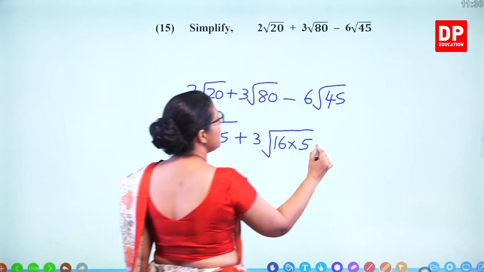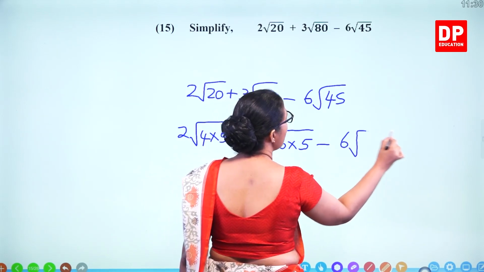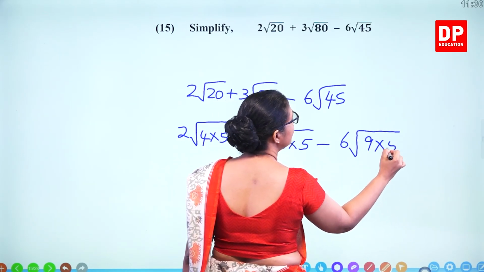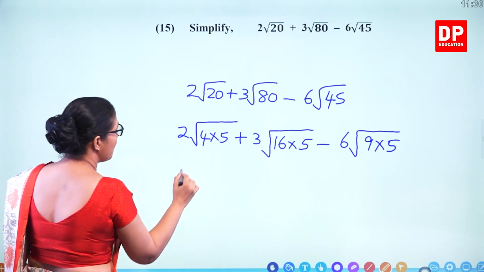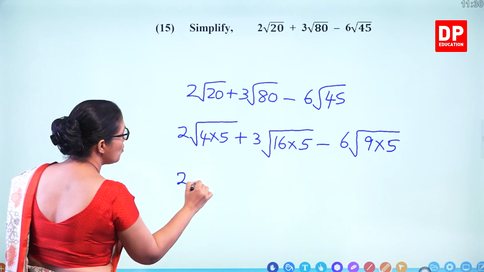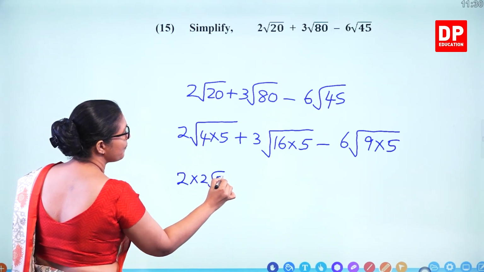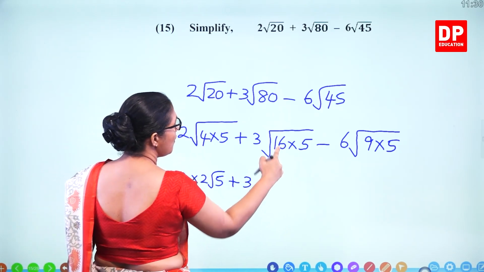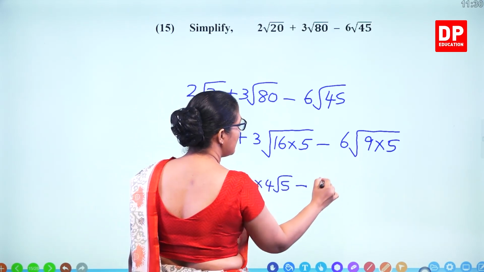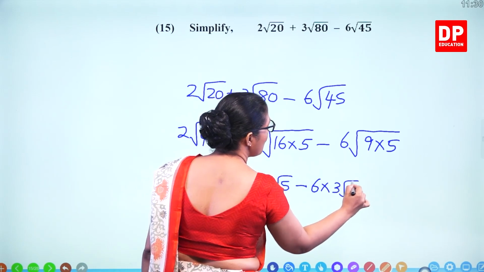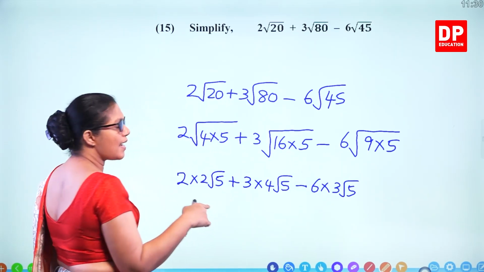Then 45 is 9 times 5. So all square numbers are there. You can simplify this one as 2 root 5, this one as 4 root 5, and here 3 root 5. The other numbers you have to write as they are.